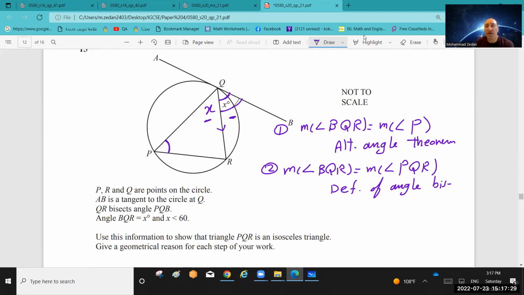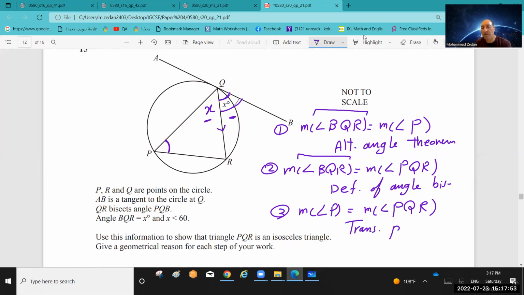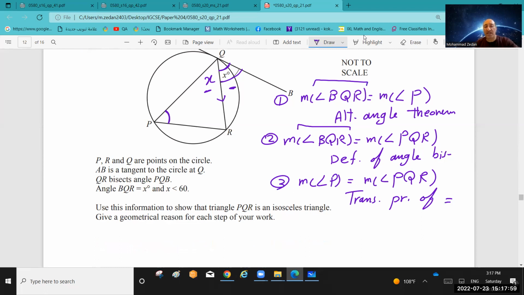So you have two equations now, but one side is common. This angle is the same as this angle. So if the two left sides of the equations are equal, the right-hand sides are equal. Number 3: the measure of angle P is equal to the measure of angle PQR, by the transitive property of equality. Now x is less than 60.